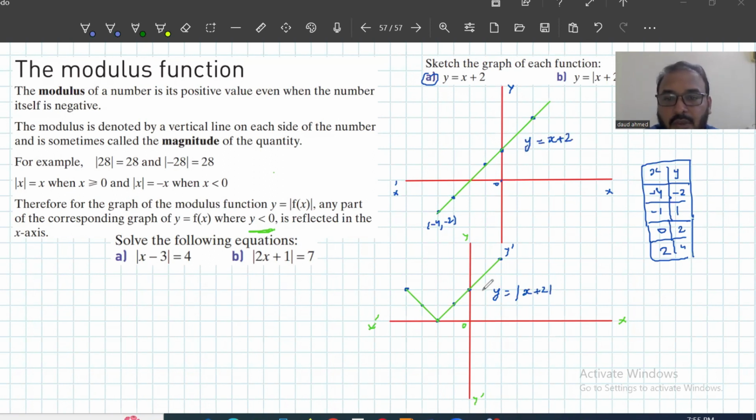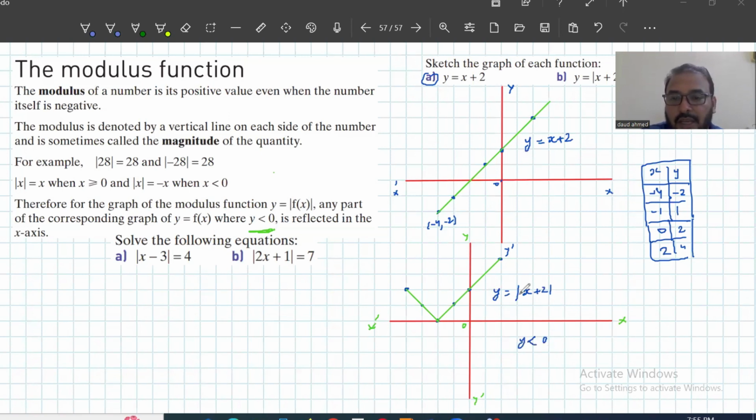What is the main point to remember when you are looking at the modulus of a function? It will affect only the values which reflect along the x-axis, when y is less than 0.